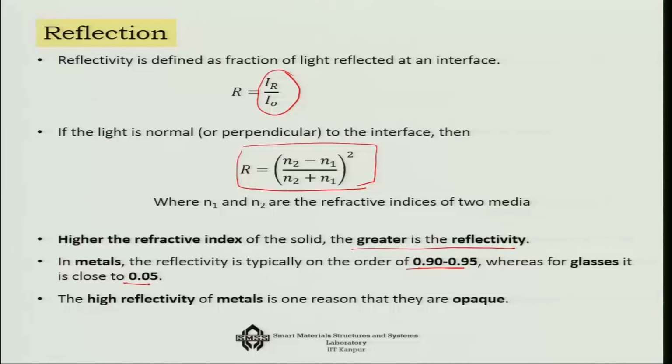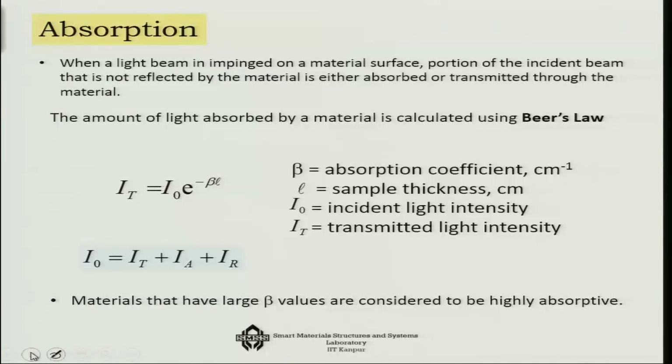It is about 0.05. So, what it means is that the value of the refractive index is very, very high in the metals, and as a result you get a very high reflectivity in the metals, whereas for glasses it is just the reverse. High reflectivity of the metals is also one of the reasons that they are opaque. Anyway, we have explained the fundamental reasons to you.